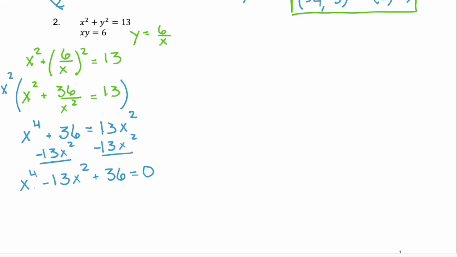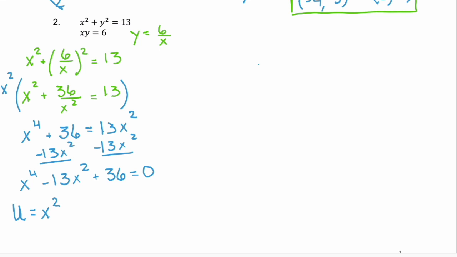It looks like a quadratic, right? Except that we have x to the fourth instead of x squared. So we can use u substitution and rewrite this as a quadratic. We're going to let u equal x squared.